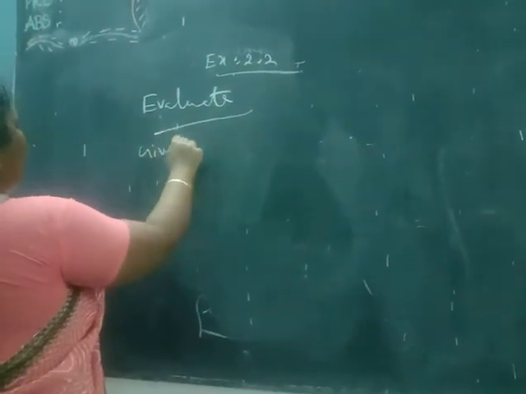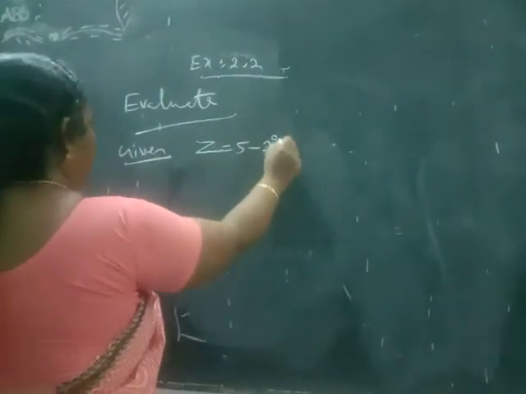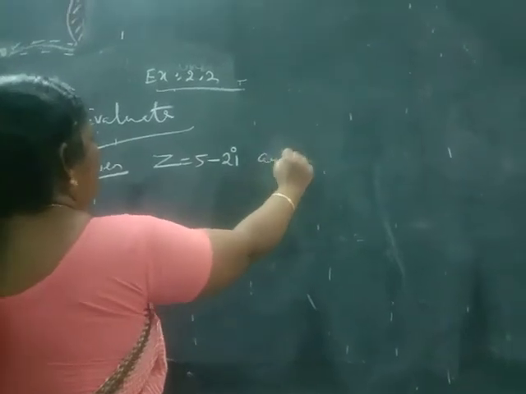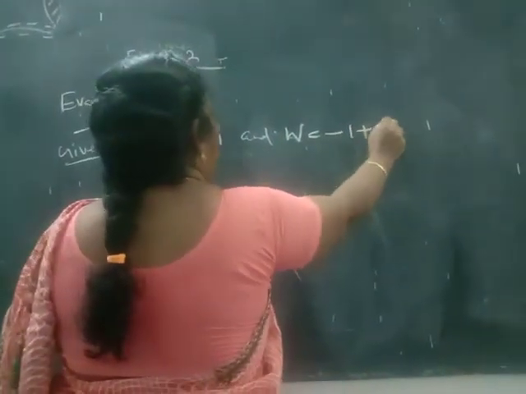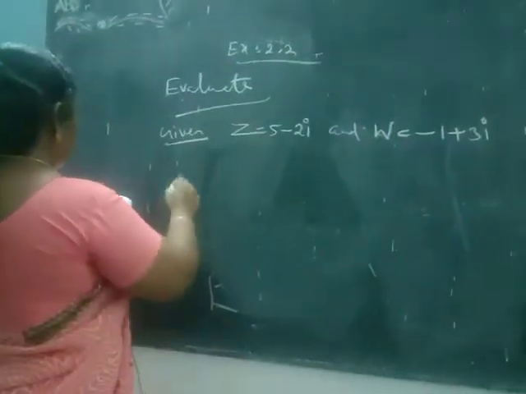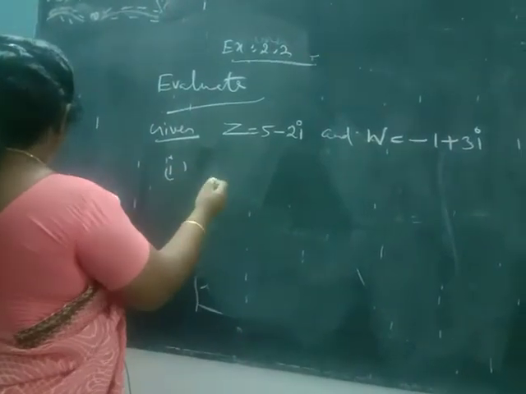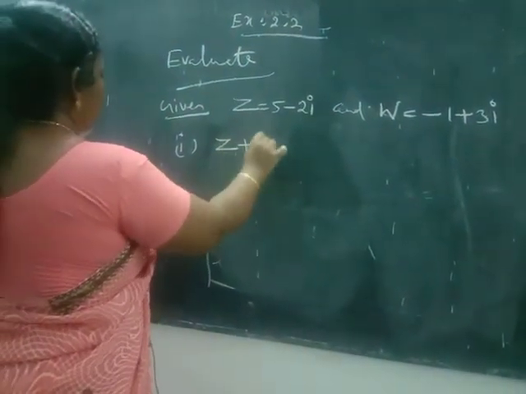Given z equals 5 minus 2i and w equals minus 1 plus 3i. Find first the sum z plus w.